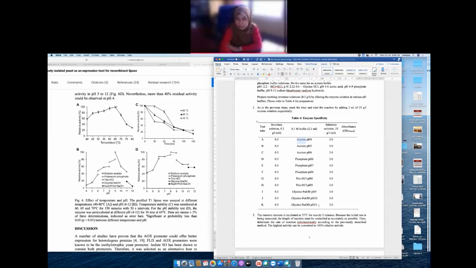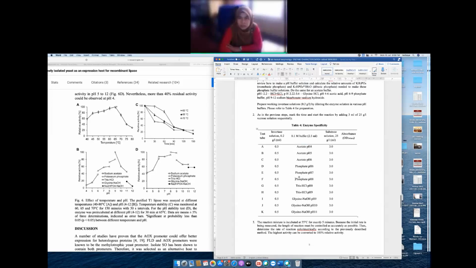So in this case, if you see the way we did the enzyme, we have the enzyme here, invertase. For our case, we have used invertase. We have the substrate here. Normally the substrate will be prepared using phosphate buffer pH 7, which is here.